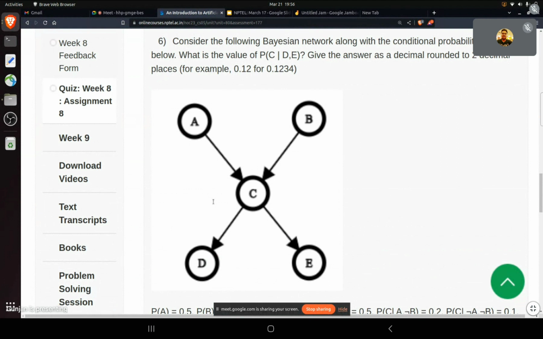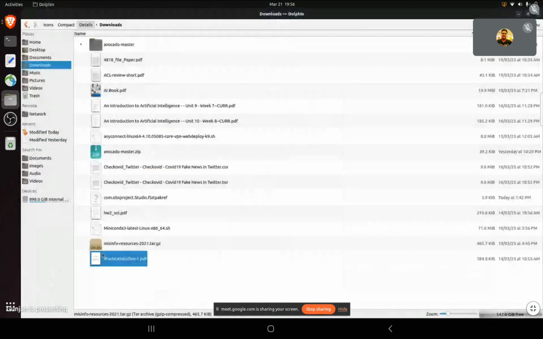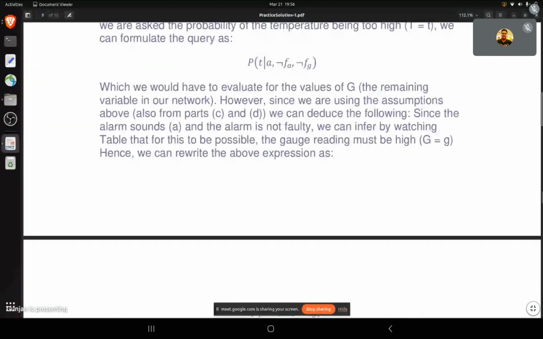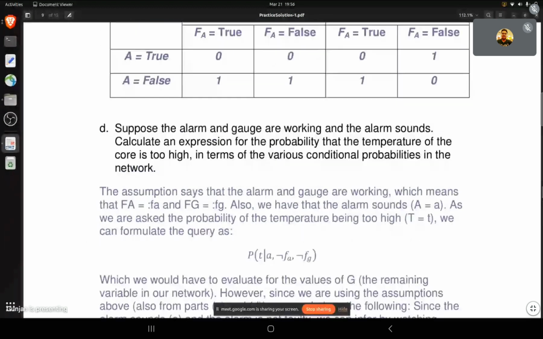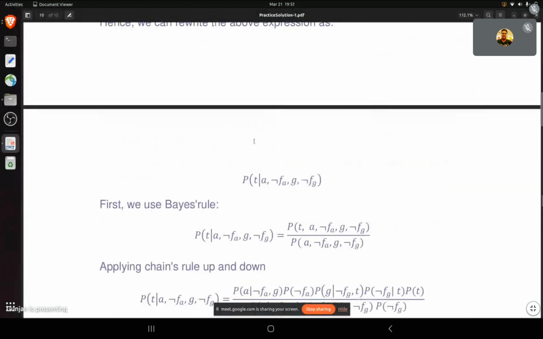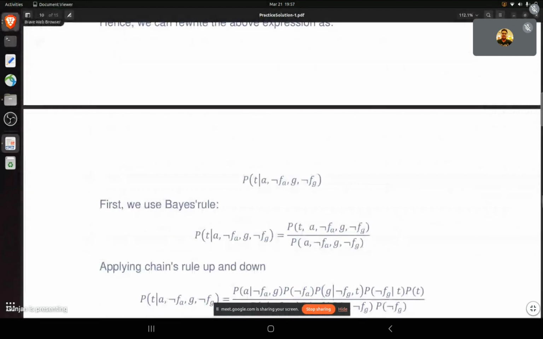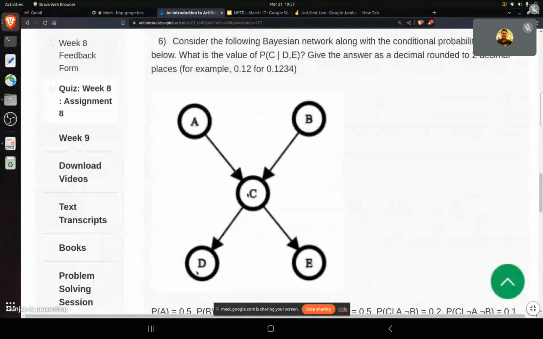So see, just like we did in this example, you have to ensure that all the variables are in the expression from which you want to generate the answer. So here it is asking that you have to find the probability of C conditioned on D and E, right?